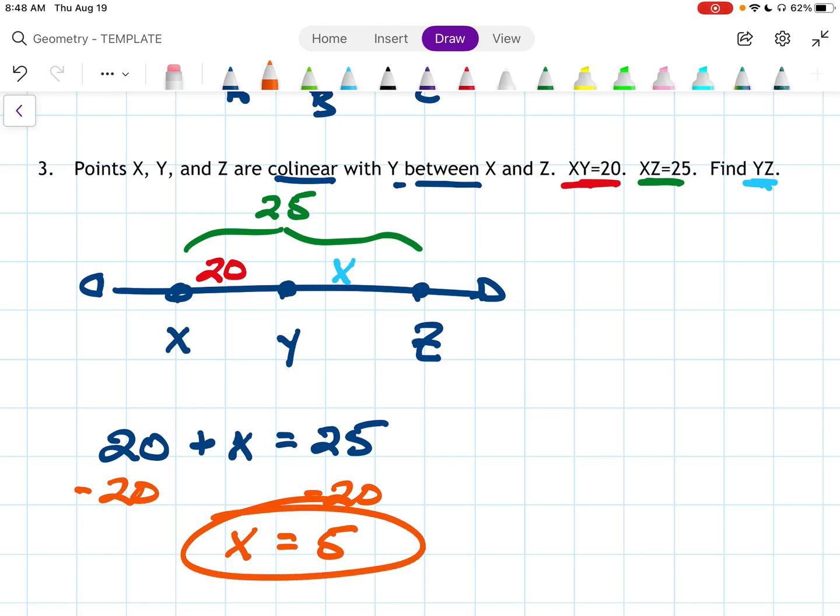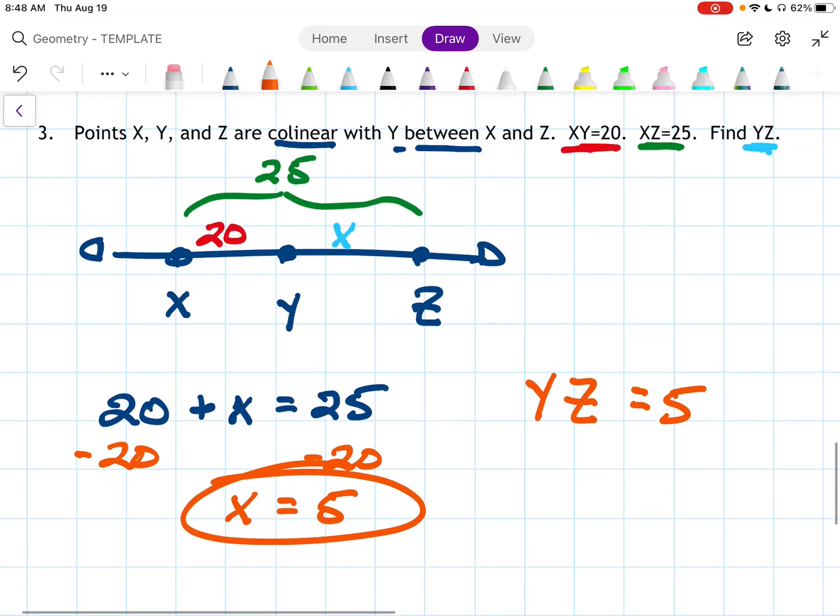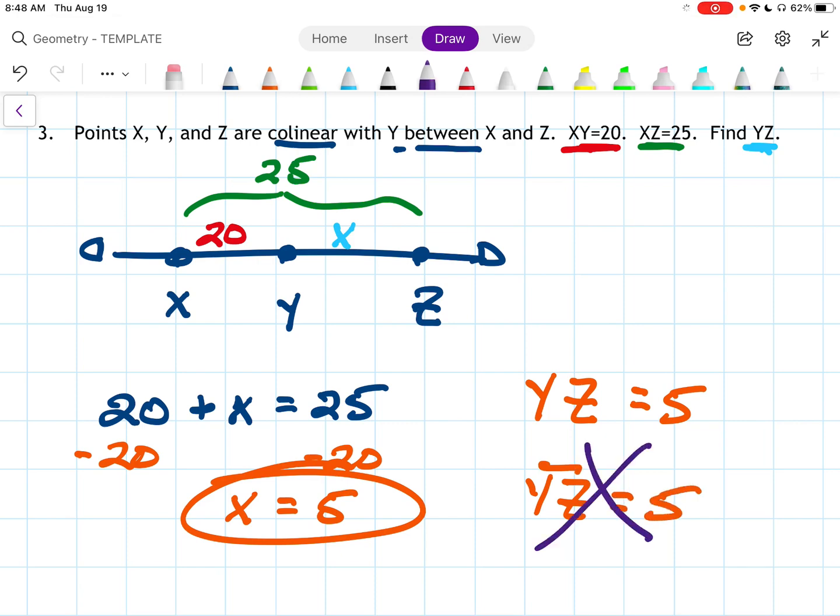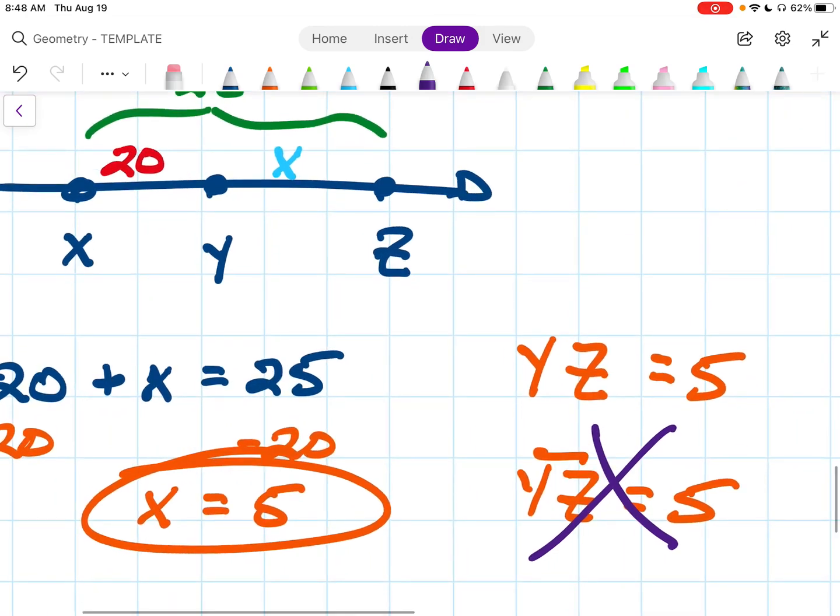To put that back in terms of what the problem says, I'm going to say that YZ equals 5. Now, I just want to go over an easy mistake that we could make. The segment YZ is not 5. This is not something that we say, right? Whenever we're talking about the length, that little line above there is not there, okay?